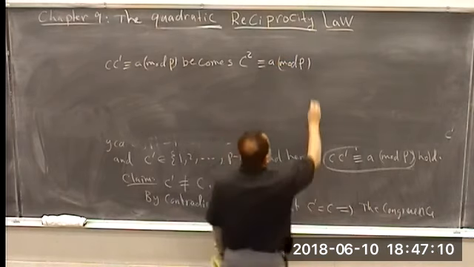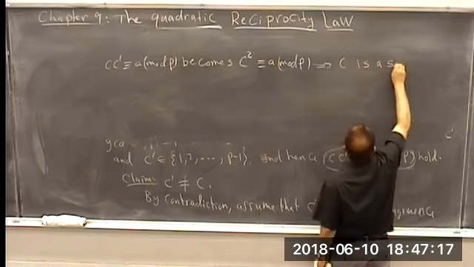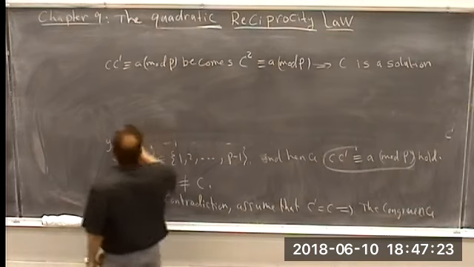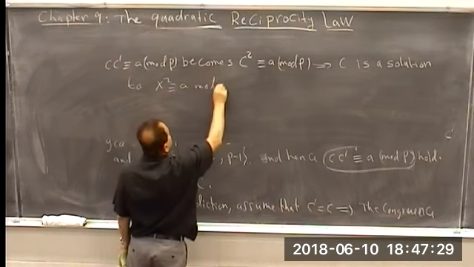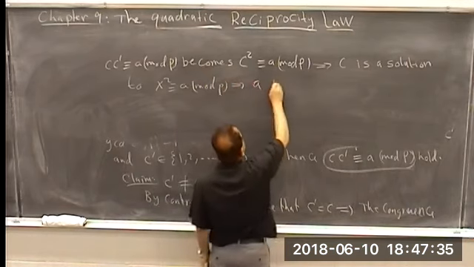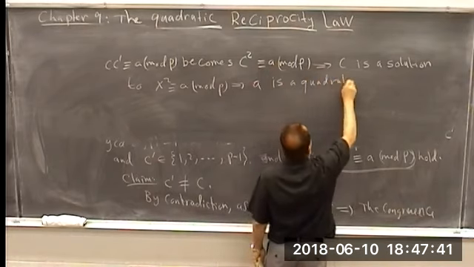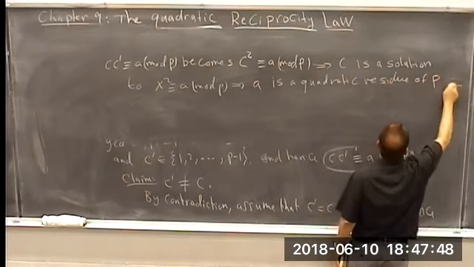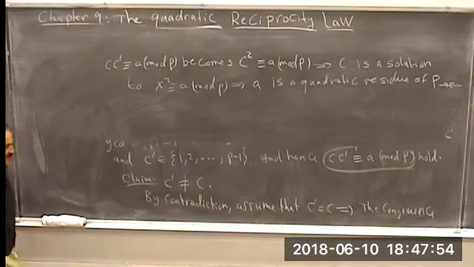But this means that C is a solution to x squared congruent to A mod P, and which makes A a quadratic residue of P. And this is a contradiction by the choice of A as a non-quadratic residue.